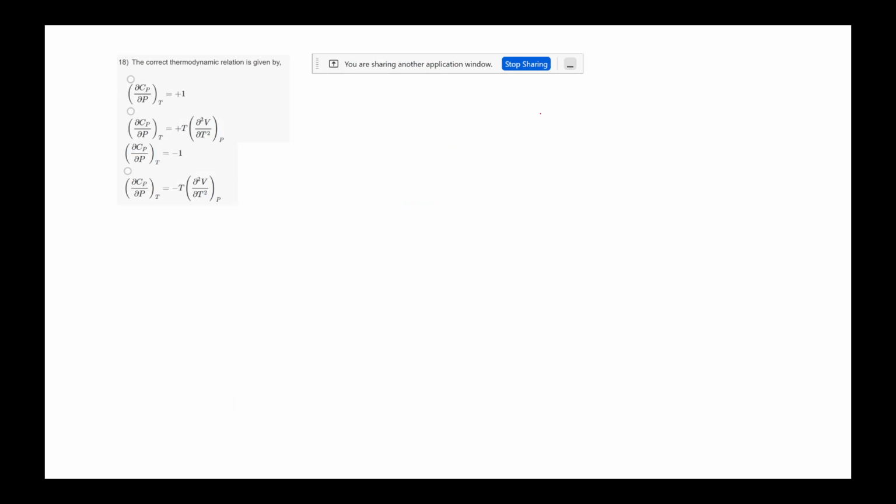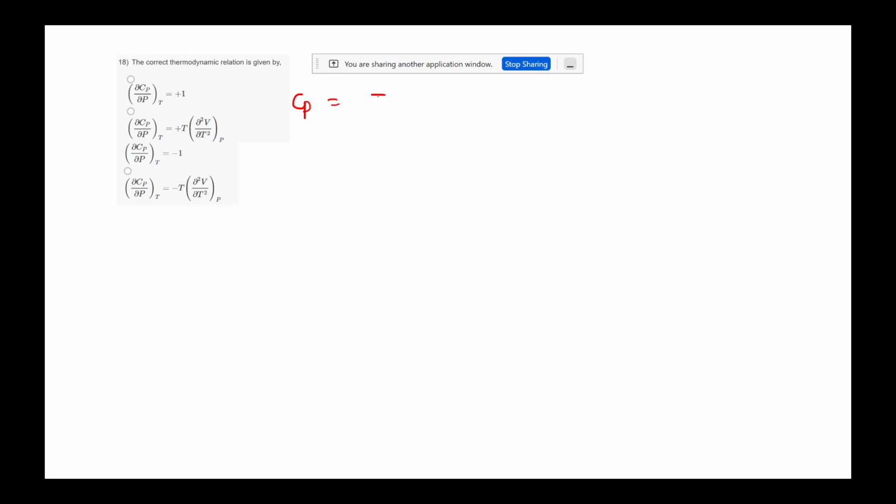Now this, tell me, do this problem. This one, okay. I'll write the formula for Cp.